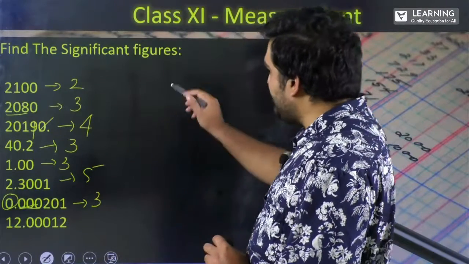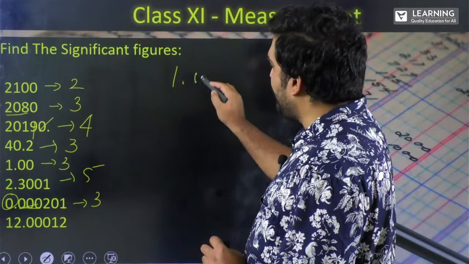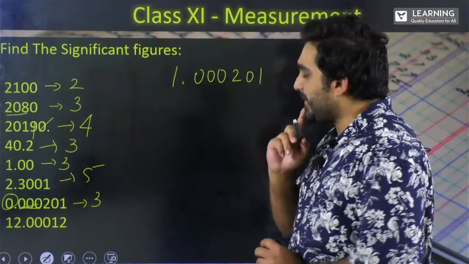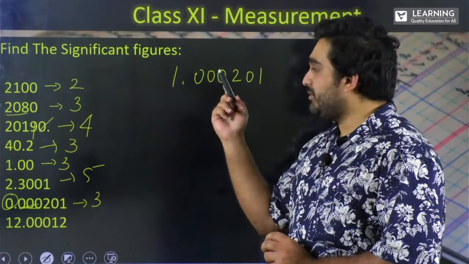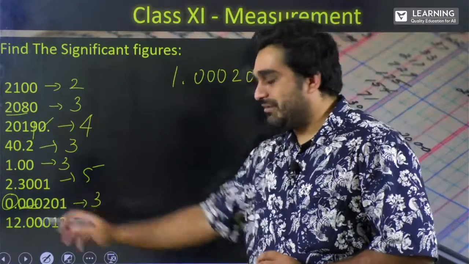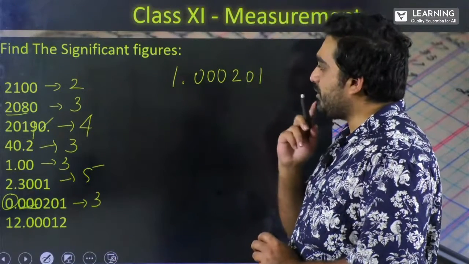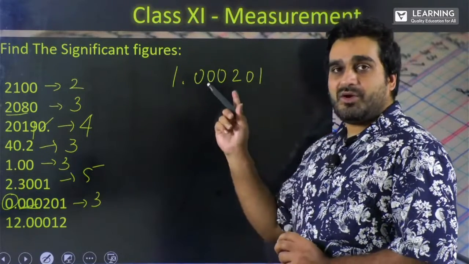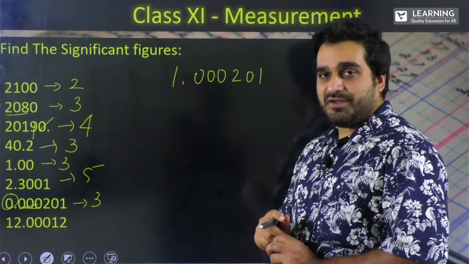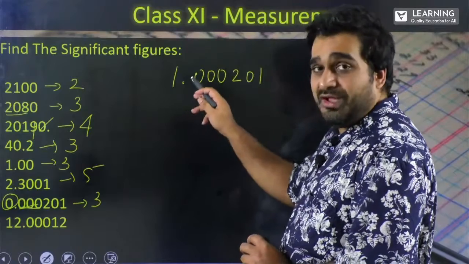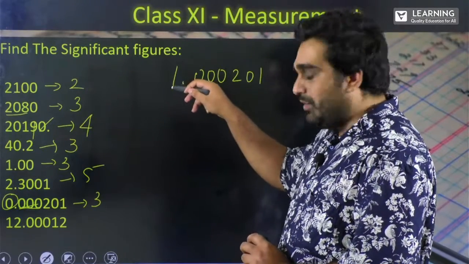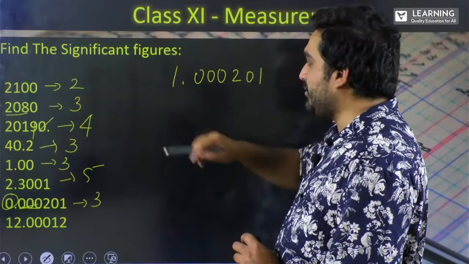What if this number was actually 1.000201? What about this case? Now, that number is not less than 1. It is equal to 1.000201. What will be the significant figures? Well, now you have to include the zeros, because the number is equal to or greater than 1.